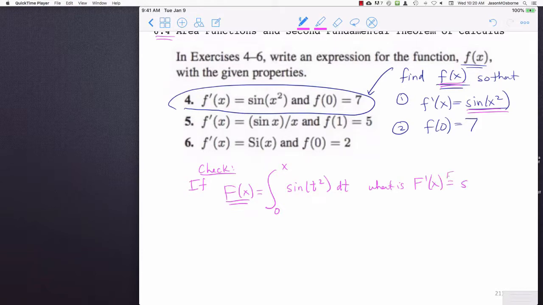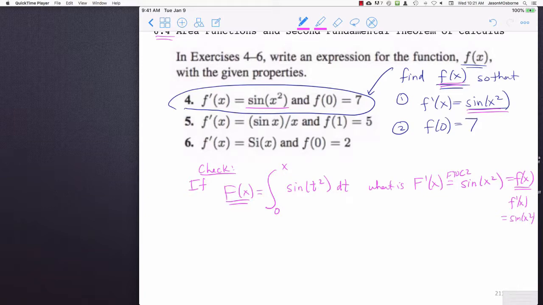By the second fundamental theorem of calculus, the answer is sine of x squared, which is the function that the textbook is calling little f.